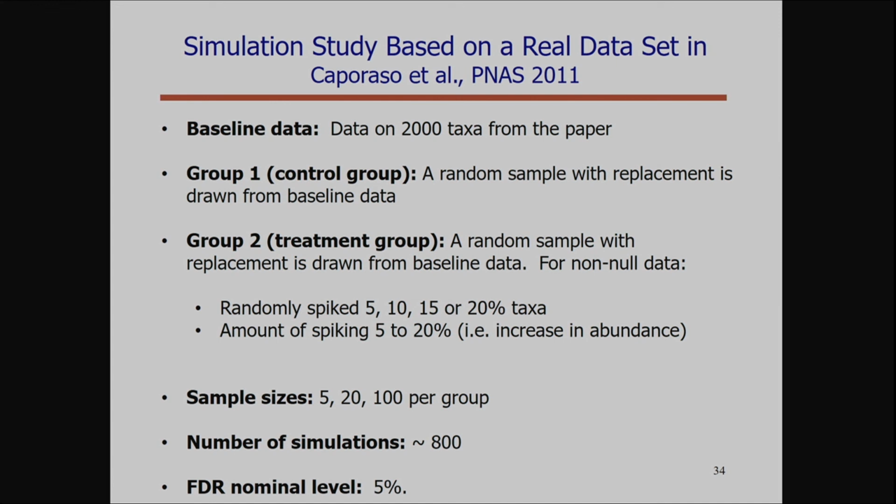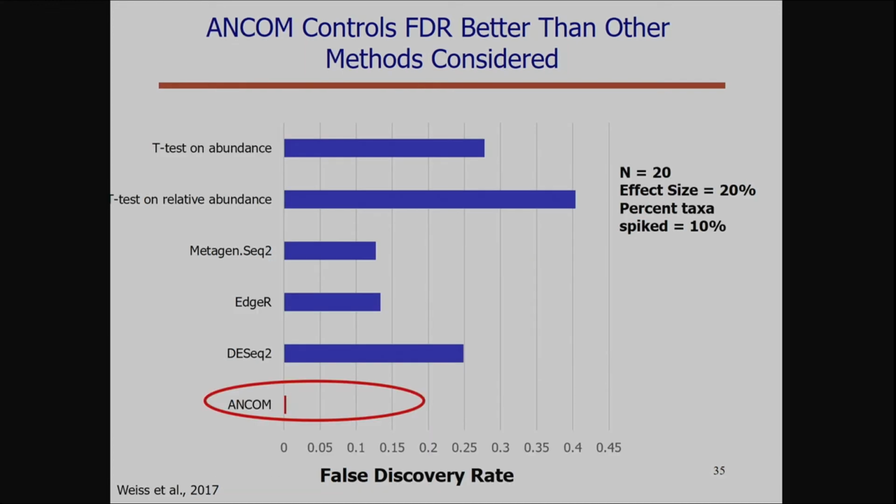So I'm picking one example out of all that she did. And I admit to you, when the sample size is as small as 5, ANCOM will fall on its face. It's not designed for very small sample sizes. But if you have a sample size of 20, it works reasonably well with the power and all. So here are the comparisons across the various methods. This is the FDR, the expected number of false discoveries in the simulations, averaged over the 800 simulations.